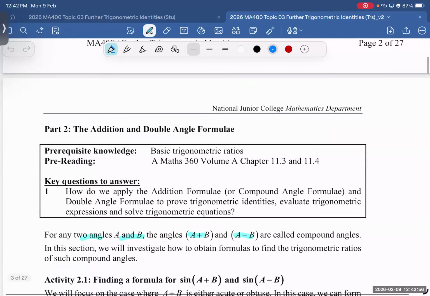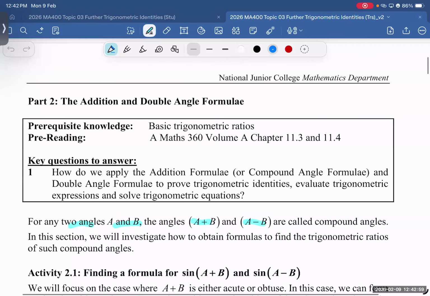Okay, so now we are going to go to the addition and double angle formula. Now, who are the friends that we are going to meet? Basically, addition and double angle formula. The word addition means what? That's addition.